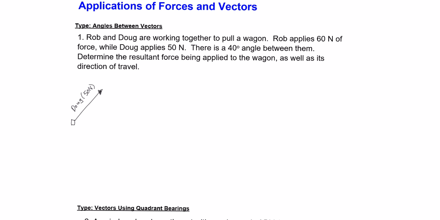And then this angle here is going to be the vector that's being pulled by Rob, and that is going to be 60 newtons. Now it says that this problem has Doug and Rob having an angle of approximately 40 degrees between them.